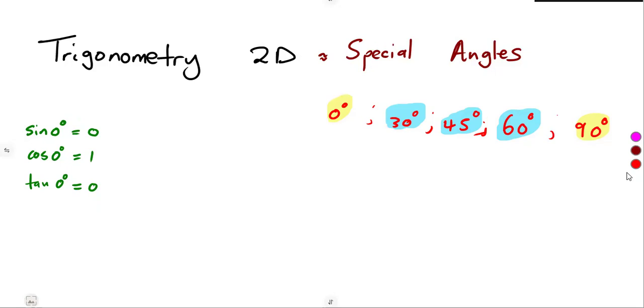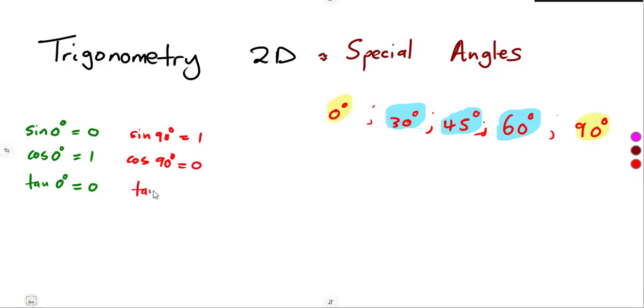It also follows that for 90 degrees, the sine of 90 degrees is equivalent to 1. It opposes with the cos. So the sine of 90 is 1, whereas the cos of 90 opposes the sine of 0 degrees, so it is going to be 0.